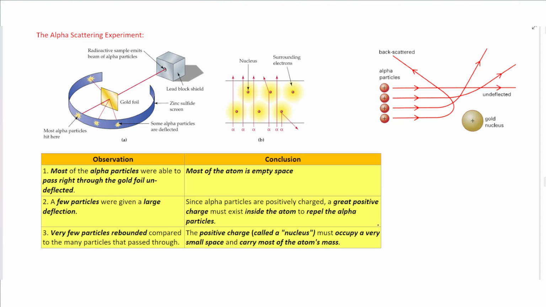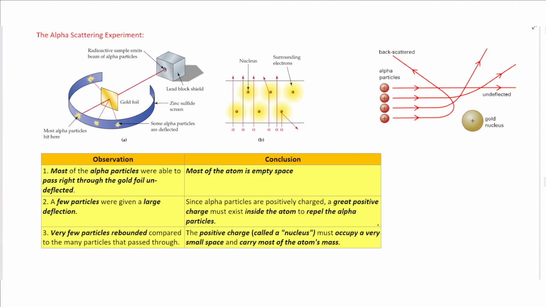And very few alpha particles rebounded backwards. Rebounding means you met something that is much heavier than you are, so there must be a heavy central core inside the atom. So within the atom there is a central point or central object that is positively charged and has a very heavy mass.